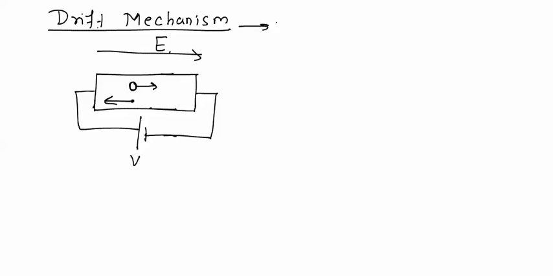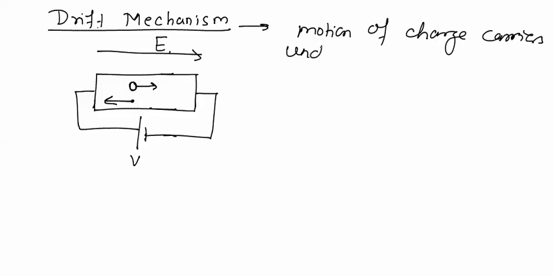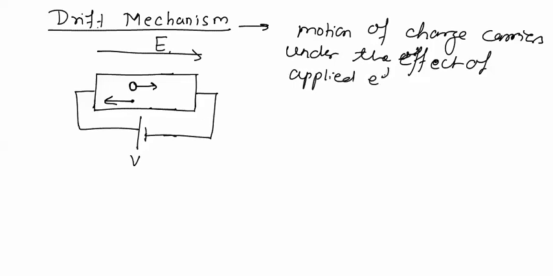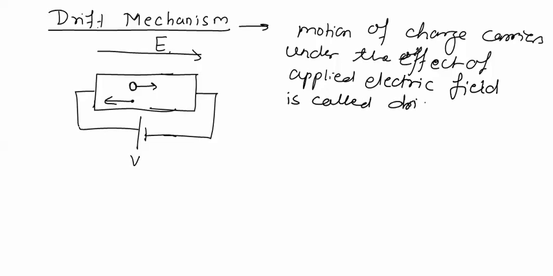This motion of charge carriers due to applied electric field is called drift motion. So I can define drift mechanism as motion of charge carriers under the effect of applied electric field is called drift motion, and the velocity of charge carriers due to drift motion is defined as Vd, drift velocity.